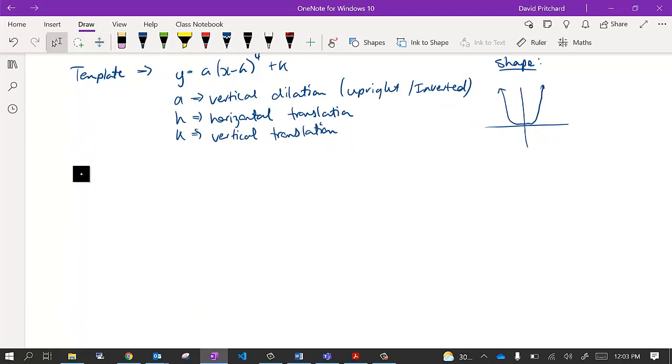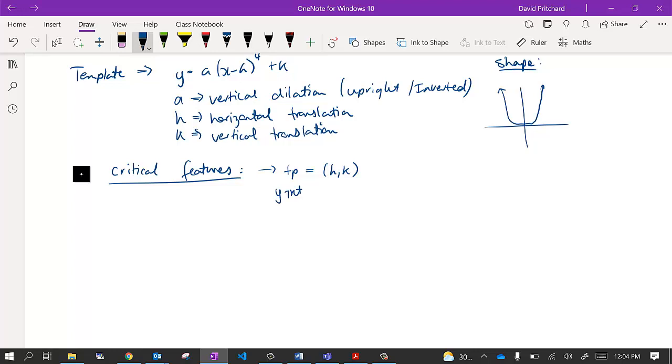So before we go into an example, we want to point out what the critical features are. So obviously critical features with a quartic in this form, that translation form, should be the first one. It'll have a turning point, which will be (h, k). So it's very similar to the quadratic. The second thing is that we can look at a y-intercept.